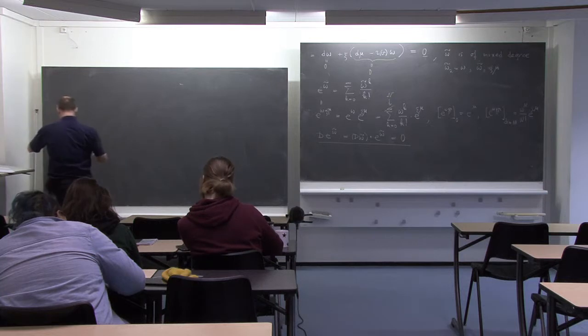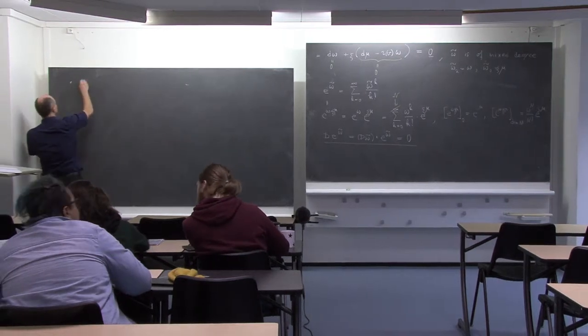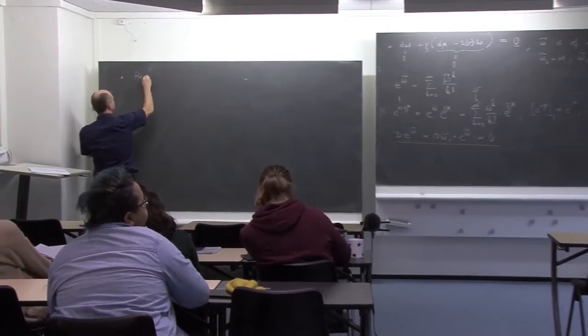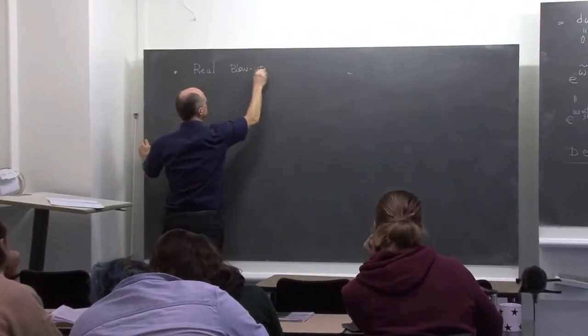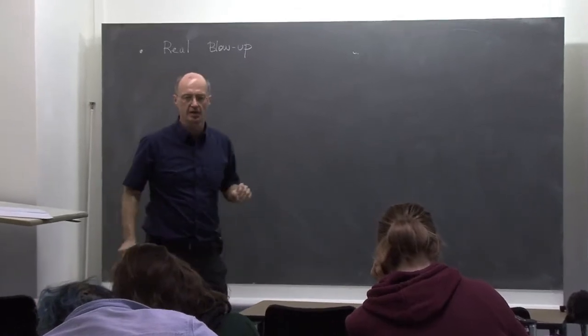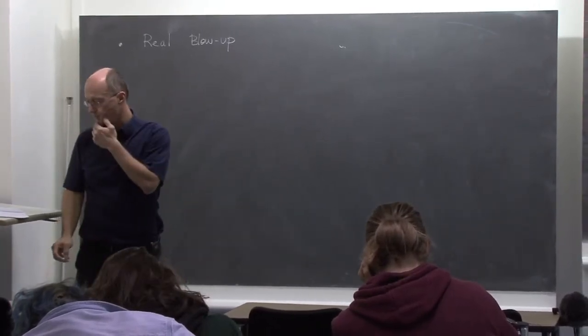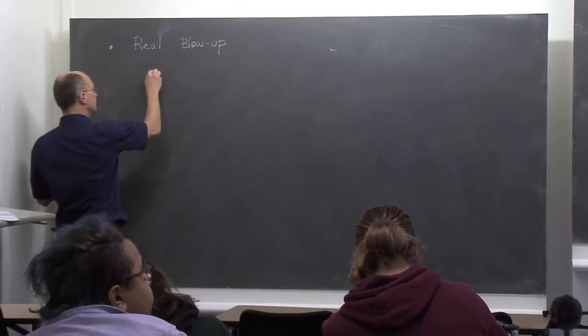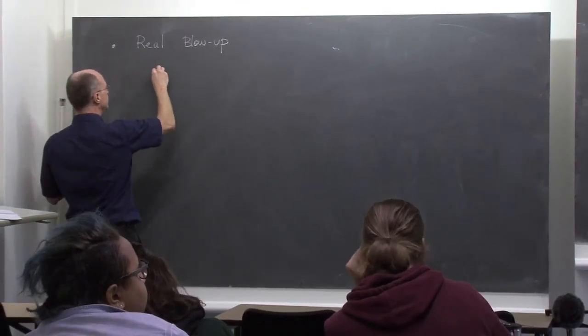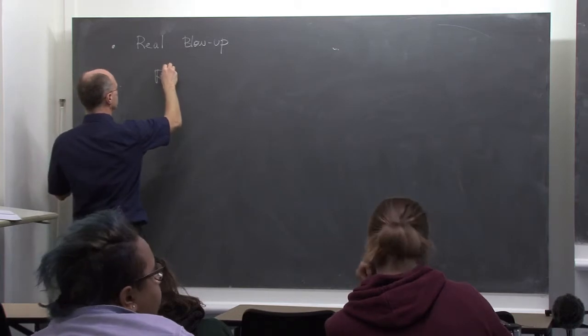Now the second gadget goes under the name of a real blow up. And so perhaps I will not present the most general definition, but let's think about the following.